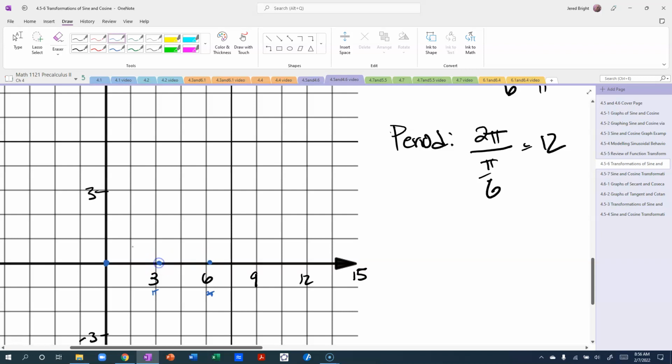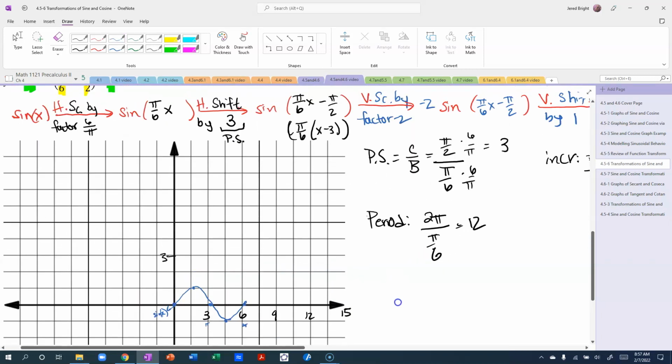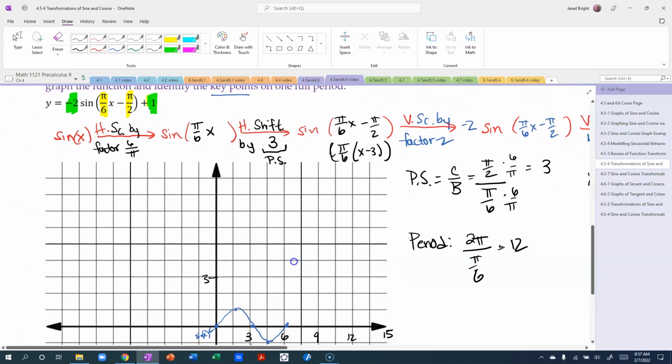So I'd have something like this, and then about halfway in between, I'd have this going on. It has that general up and down motion. So this is just sine x. Now I'm going to follow what the transformations say to do.